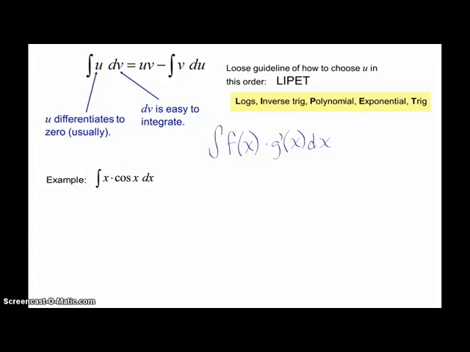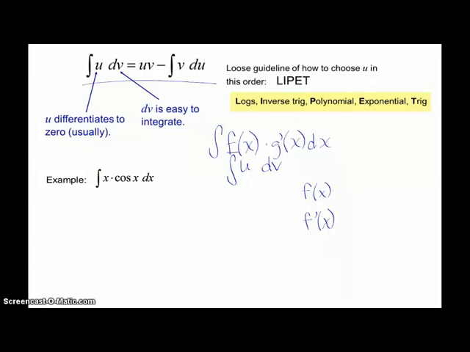And remember, this was u dv. So we're going to have to choose. We have four players here that we have to find in order to plug them into this formula. The four players are, we've got to find f of x, so we can take the derivative of it. That'll give us f prime of x.